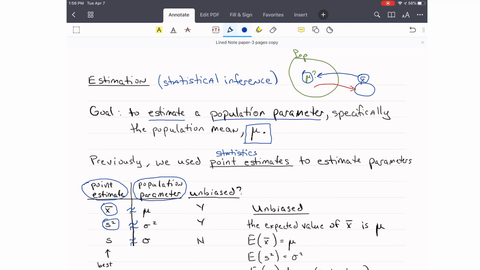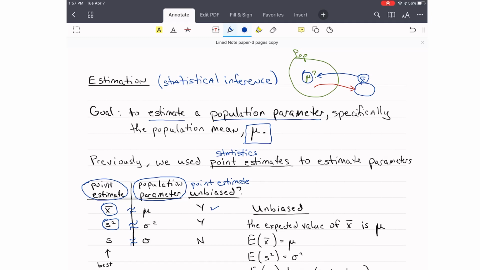Now, I've also added something called unbiased. Is this point estimate unbiased? Yes or no. For x bar, yes, it's unbiased, which is good. We prefer to have our estimates be unbiased. And I'll talk about what that means in a minute.